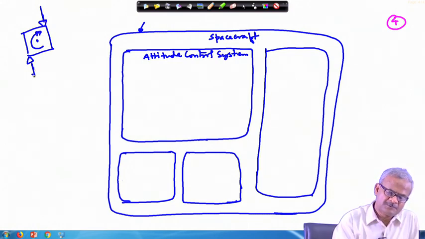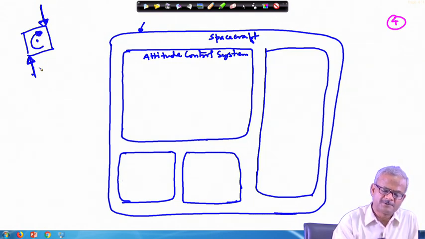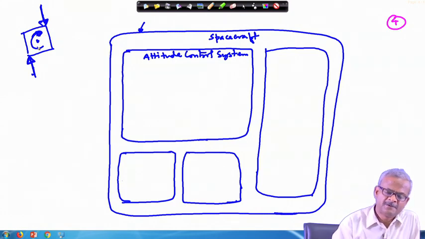Say this is producing thrust in this direction, this thrust goes in this direction by arrow, and this thrust is in this direction. So, I can produce a motion about this axis, which is going inside or coming outside, it does not matter, this rotation is taking place like this.